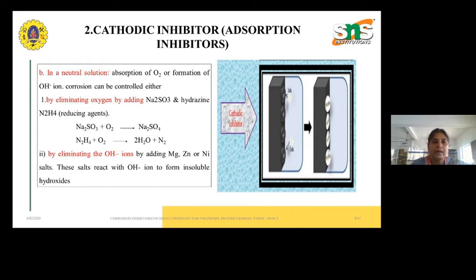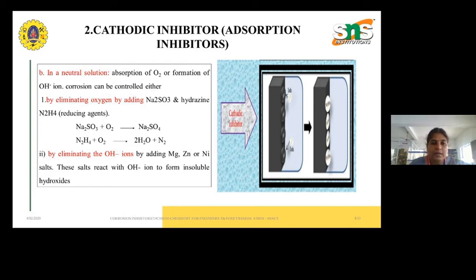Either by eliminating oxygen or by preventing hydroxide formation. We eliminate oxygen by adding sodium sulfite or hydrazine. Both can absorb the oxygen, so there is no possibility of oxygen gas being liberated. Likewise, the metal can be protected.